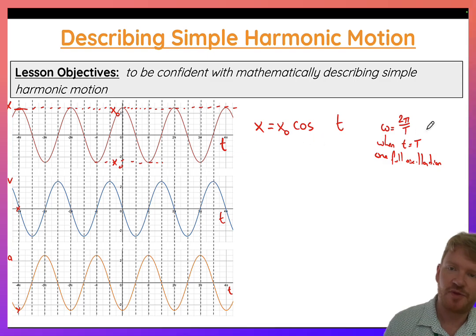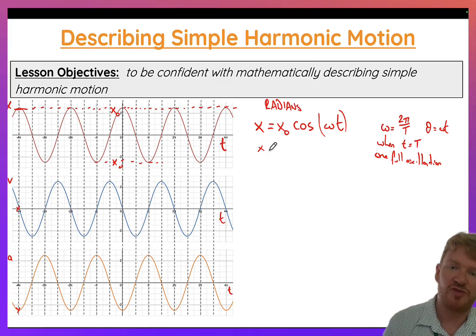So at any point in time, the angle that something has moved through is omega times little t. So the displacement at any point is x equals x naught cos omega t, where omega is 2 pi over T. Therefore I must be using radians for this to work.